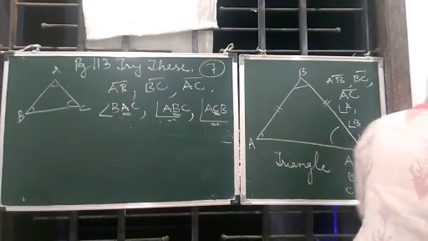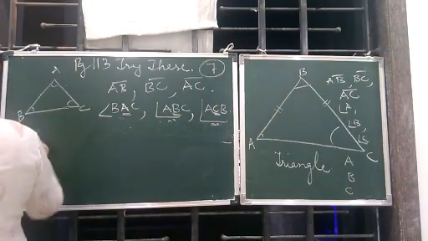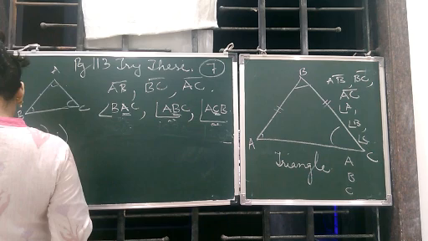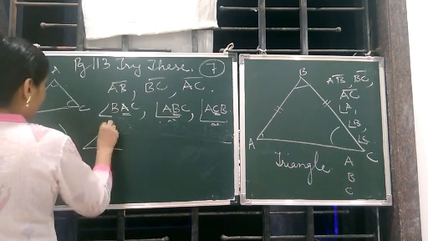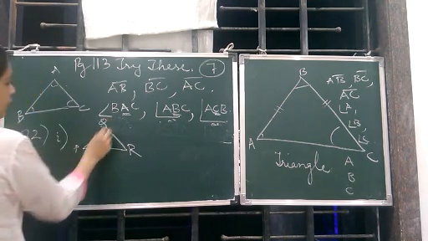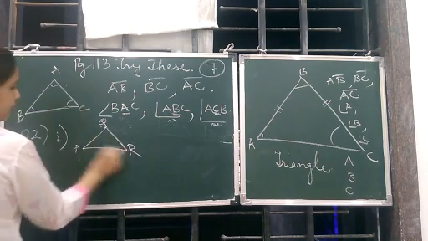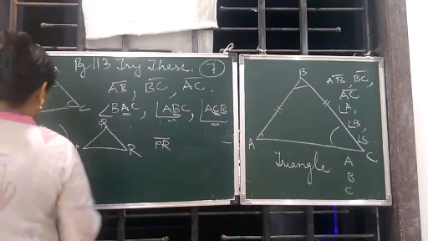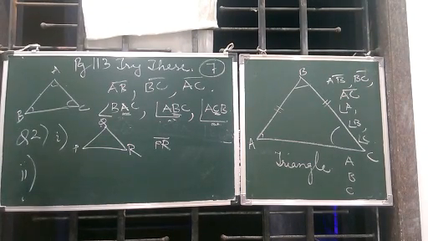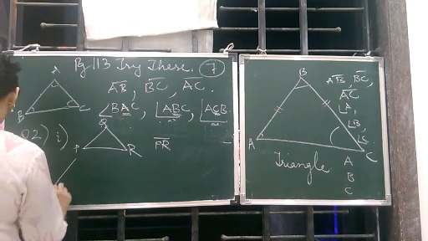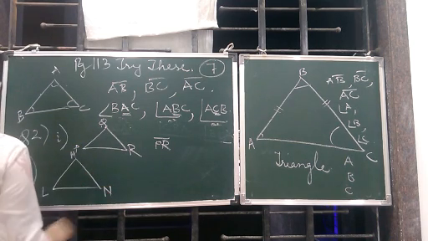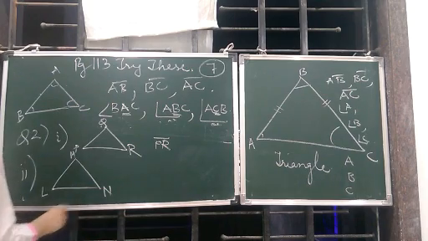Then question number 2. Write the opposite side to the vertex Q of triangle PQR. So what is the opposite side of this vertex Q? PR. So you write PR. Next, angle opposite to the side LM of triangle LMN. Which is the side LM?